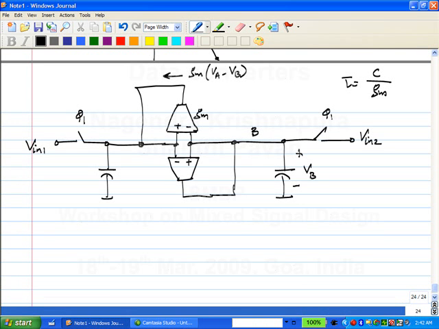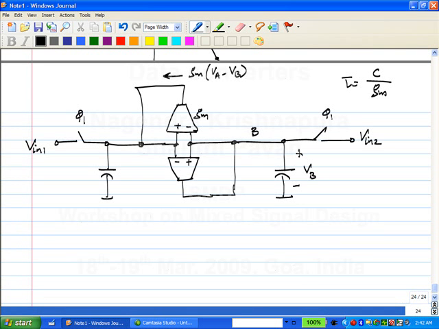Correct? When phi 1 is low, in other words, when the switches are open, then what happens? Then these two current sources take over, and basically any difference gets amplified more and more and more and goes to either VDD or ground.